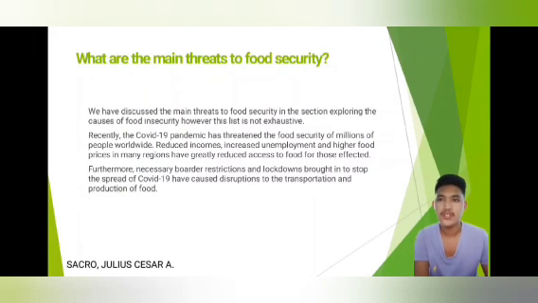Reduced incomes, increased unemployment, and higher food prices in many regions have greatly reduced access to food for those affected. Furthermore, necessary border restrictions and lockdowns brought in to stop the spread of COVID-19 have caused disruptions to the transportation and production of food.